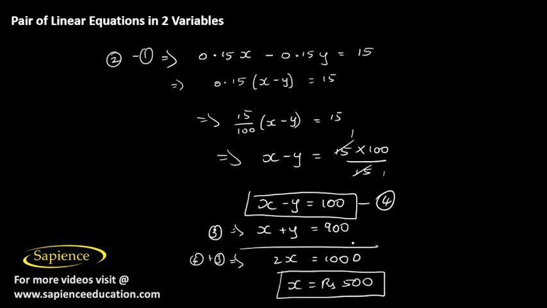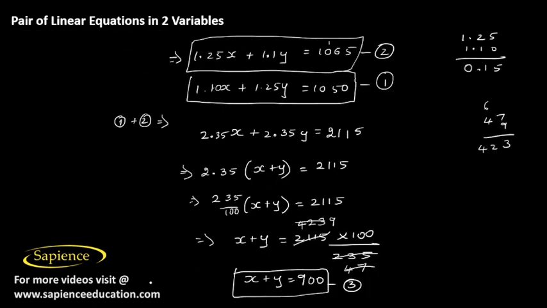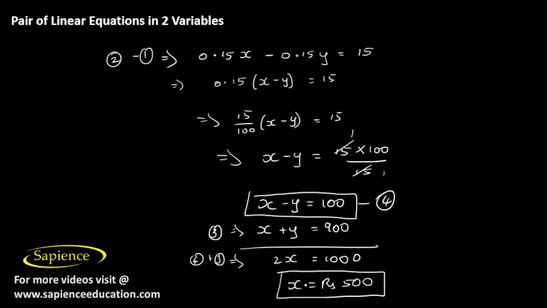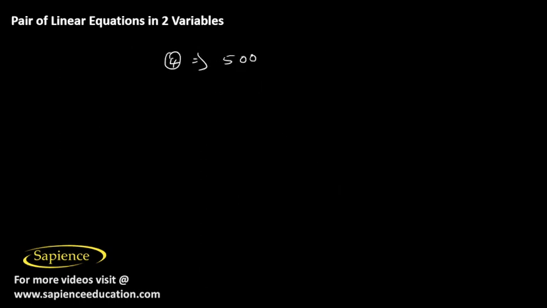Now we substitute this in the first or second equation. Let's substitute the value of x in the fourth equation. The fourth equation is x minus y equals 100, and we have just found x as 500. So 500 minus y equals 100, which means take 100 to the left hand side, so minus 100, and y to the right hand side, so plus y. 500 minus 100 is 400.